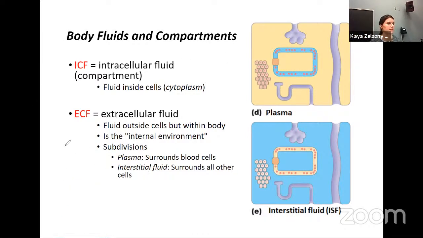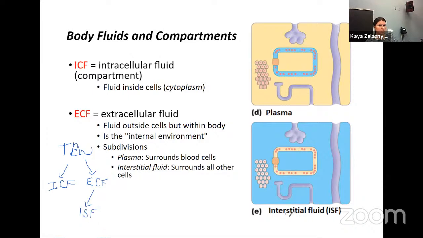So after we divide that total body water into internal and external, we're going to divide the external again. So the extracellular fluid now gets divided into specifically, are we talking about interstitial fluid, which is just surrounding general tissue cells? So that's our ISF, interstitial fluid.